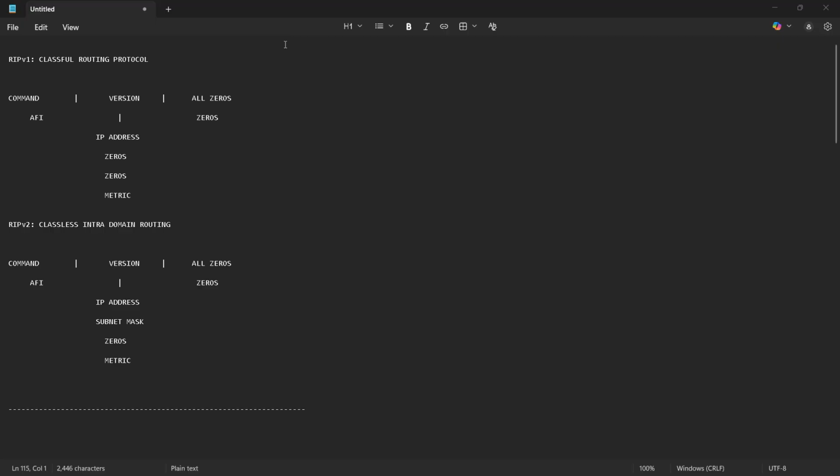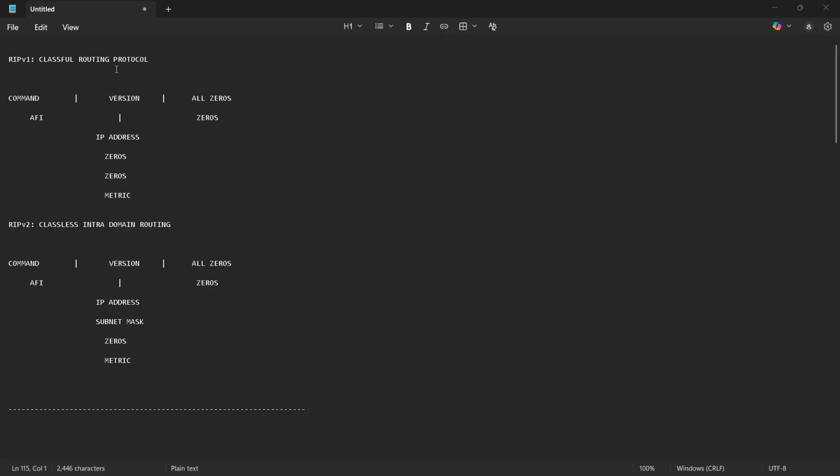RIP version 1 was a classful routing protocol. That means it is totally dependent on the receiver to investigate and determine whether to consider the sent address as a network, subnet, or a host.